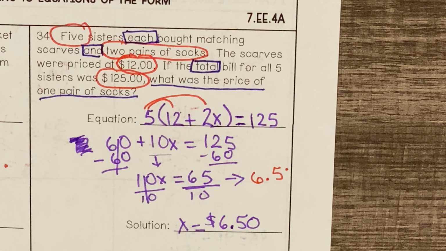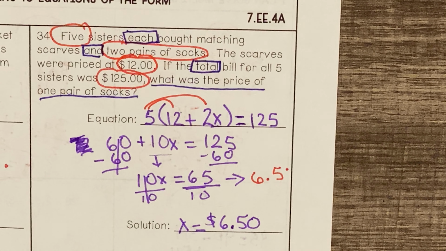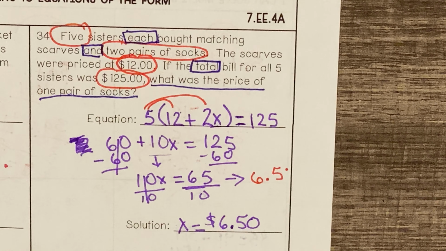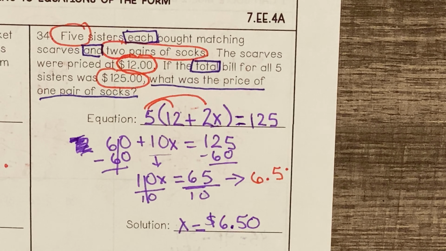There are 3 assignments. 2 of them are considered unit tests, and I believe 1 is a unit quiz. I have to take a look. But I expect you to try your very best on these. Please do not rush. This is the last official grade for the quarter.